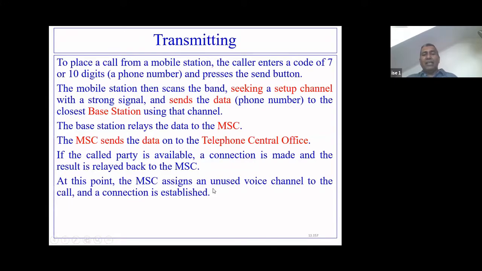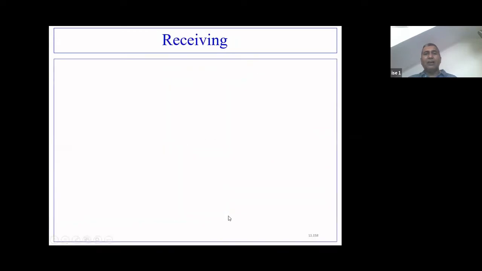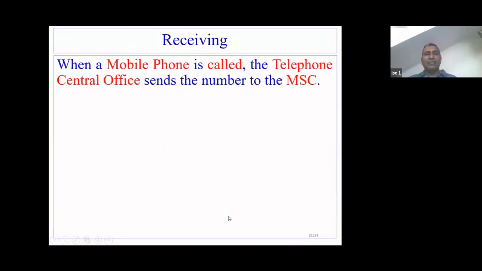So the MSC again will have to assign an unused voice channel to the caller, you got the idea, and the connection is established. Meanwhile, the mobile station automatically adjusts its tuning to the new channel that has been assigned by the MSC, and communication can begin. So this is how the entire procedure works.